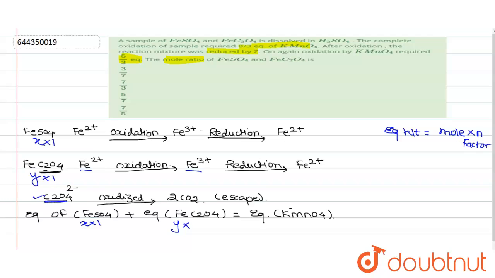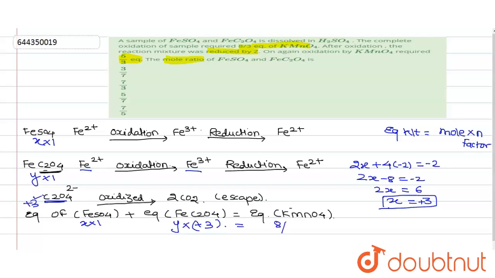For C2O4 2-, 2x plus 4 into minus 2 is equal to minus 2. 2x minus 8 is equal to minus 2, so 2x is equal to 6 and x equals 3. So here it is plus 3, so y into plus 3.